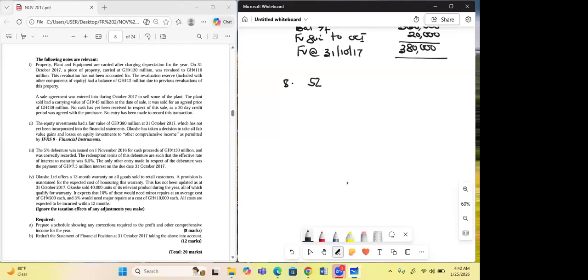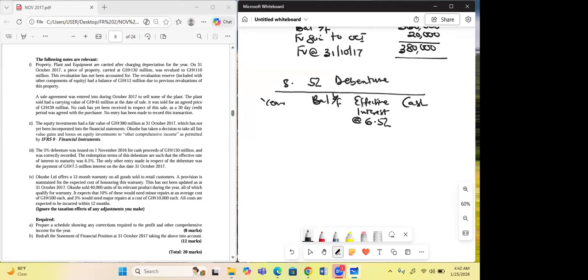When was it issued? November 2016. So the opening balance, plus the effective interest at 6.5%, then you take out the nominal cash payment, and then you get the closing balance.